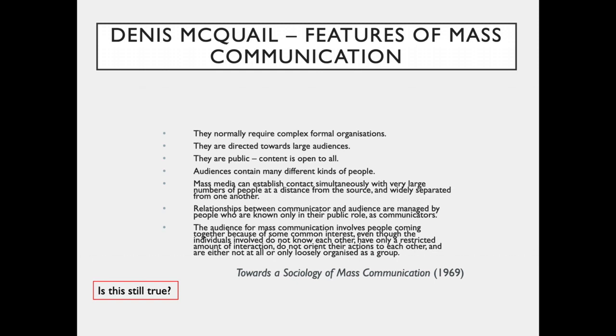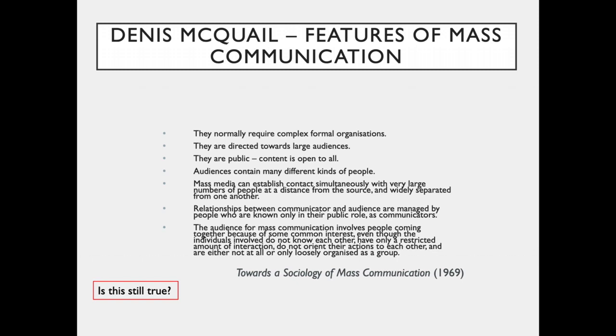But you can see that originally, Towards a Sociology of Mass Communication, which this is from, dates from 1969, so over 50 years ago, but it is within the lifetime of mass communication, and includes the beginnings of the digital revolution, computing and so on.